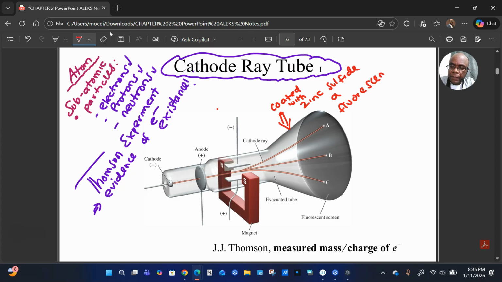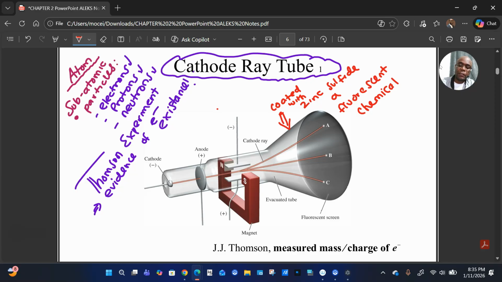So it's a fluorescent chemical. Let's just say the tube was coated with a fluorescent chemical. That chemical would glow during the experiment, and that's how he knew some particles were formed. The tube glowed when the particles struck it.